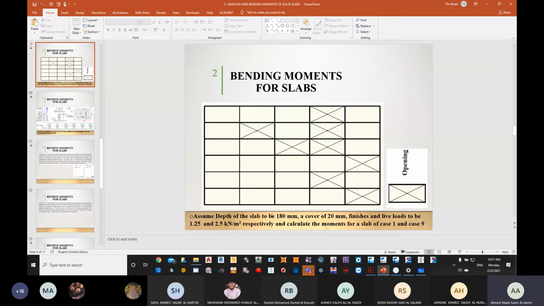Once again, if the depth has been given in the question, then you can go and calculate the effective depth. Now, if the overall depth has not been given from the beginning, then you need to estimate it. You need to try to come up with a value. Okay, so there is a difference between calculation and estimation. If the depth has been given directly in the question, then you should go for the calculation.